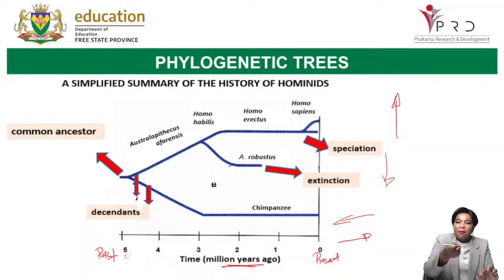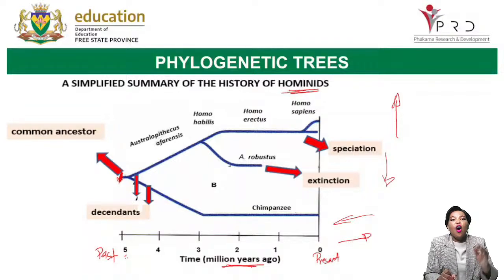And then when you have identified the past, you know that the first organism that you find there will be our common ancestor. So the common ancestor for the hominids, remember you must know the hominidae family. What is the common ancestor? The common ancestor for the hominidae is Australopithecus afarensis.